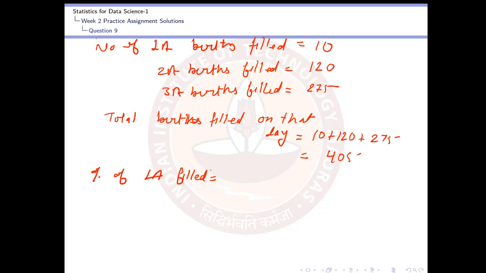So the percentage of 1A berths filled will be 1A berths filled upon total filled berths. That will be your 10 divided by 405, and as it is a percentage, we multiply by 100.